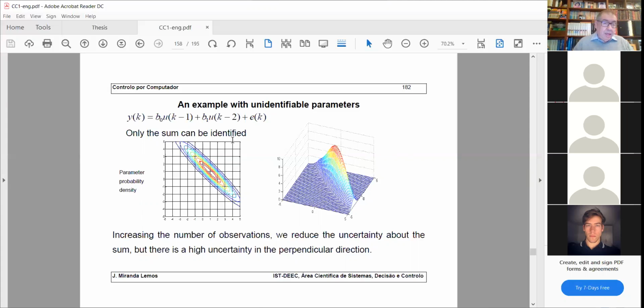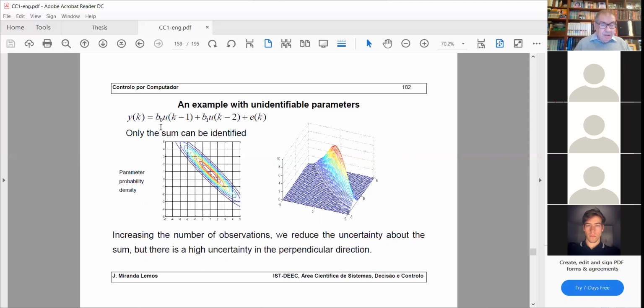That is why: if u is constant, I can only estimate b0 plus b1. If I could estimate the difference of the parameters as well, I would have the sum and the difference, and I could find the parameters, but that's not possible.